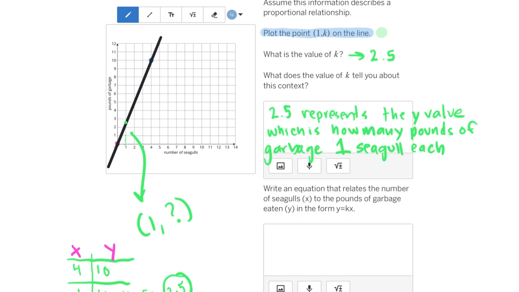We're going to take y is equal to whatever our unit rate is times however many seagulls we have. It's a pretty tricky concept.